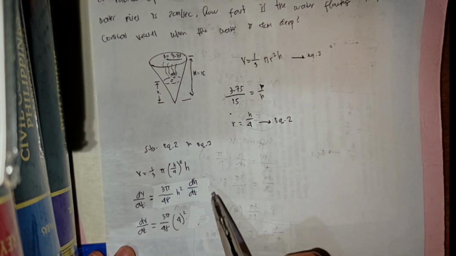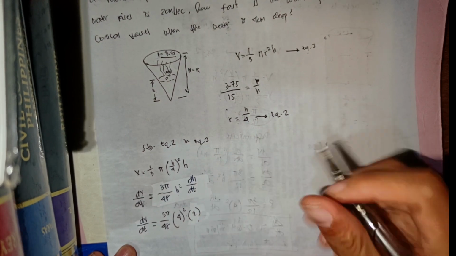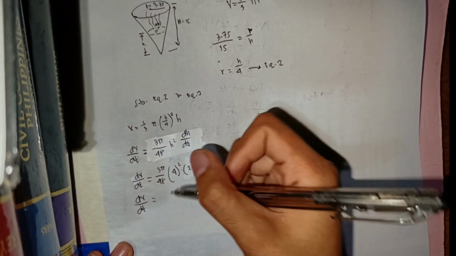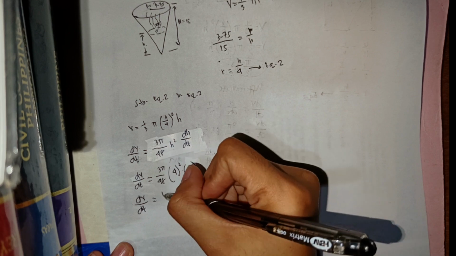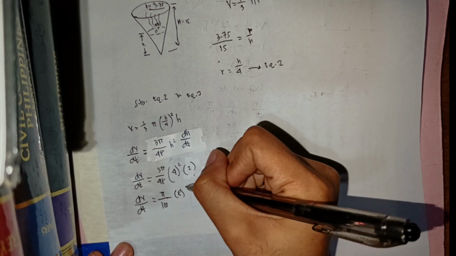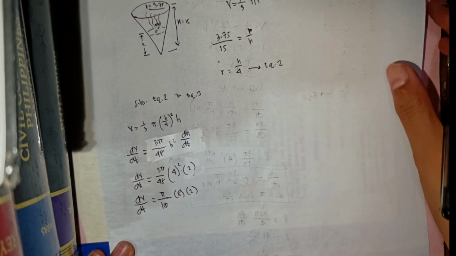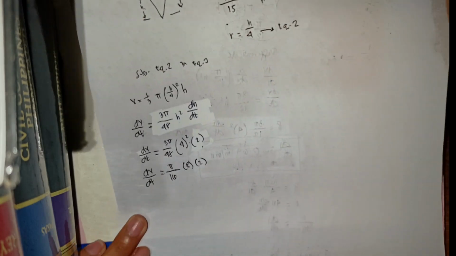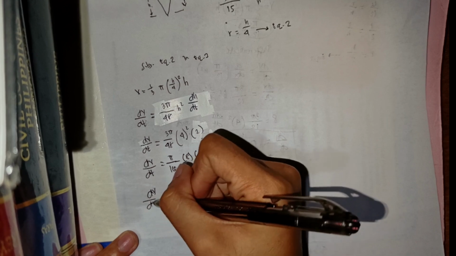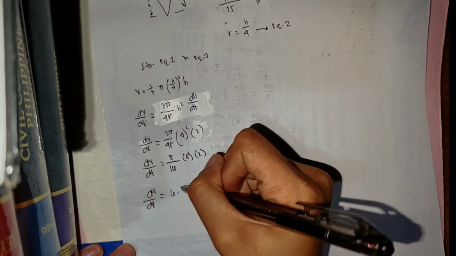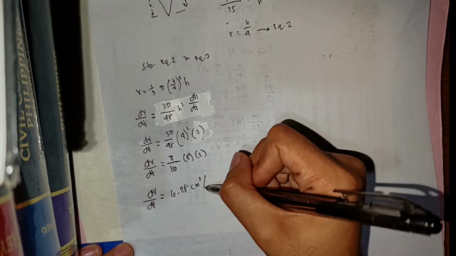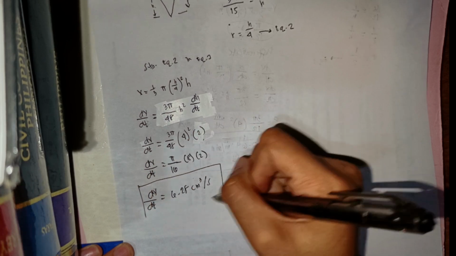So, dV/dt is equal to pi over 16 times 8 times 2. We calculate, and dV/dt is equal to 6.28 cubic centimeters per second.